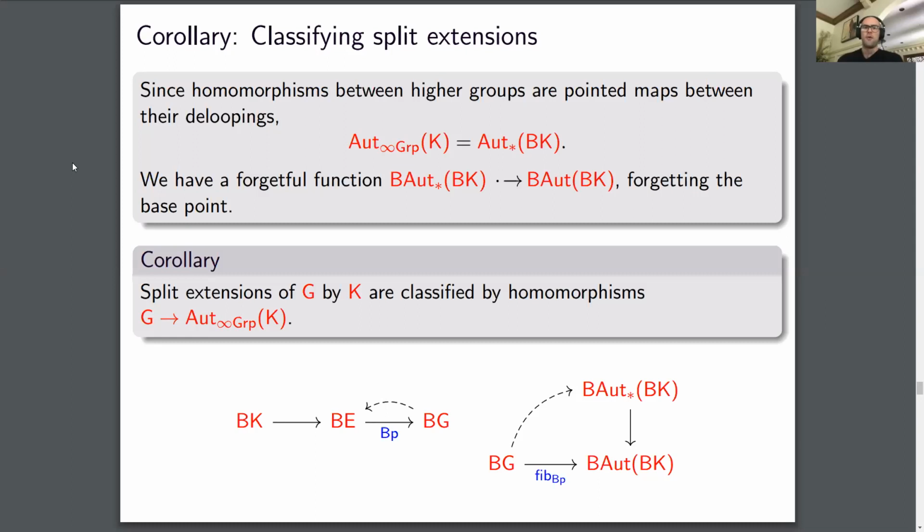And because of that, we have a really simple corollary, which is that split extensions of G by K are classified by homomorphisms from G into the automorphism higher group of K. The way that works is noting that the result underlying this higher Schreier theory is that we're taking the equivalence between pointed families and pointed maps.